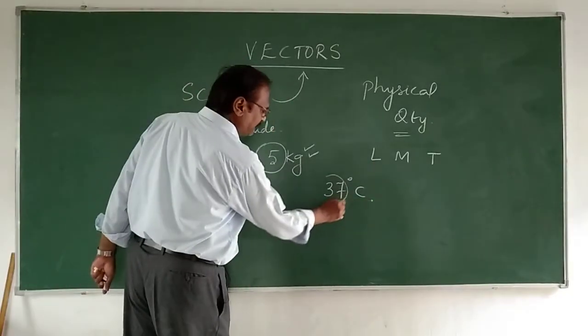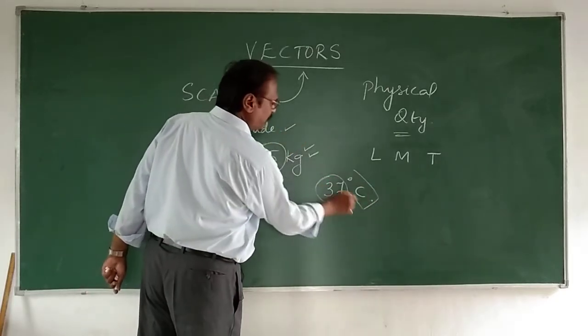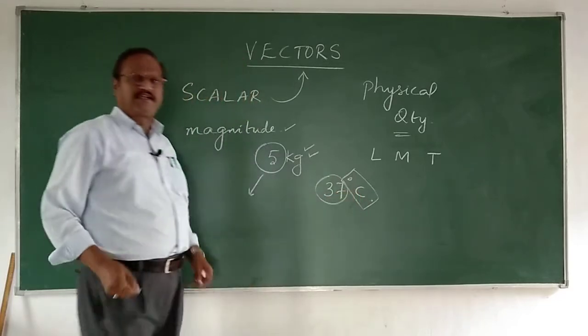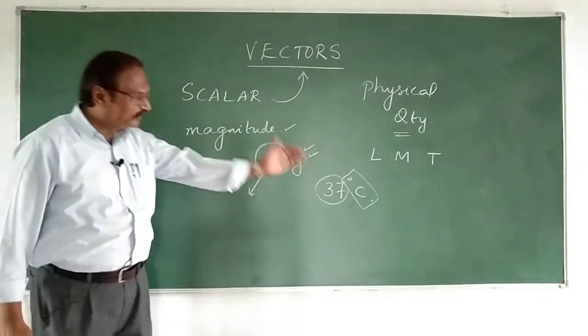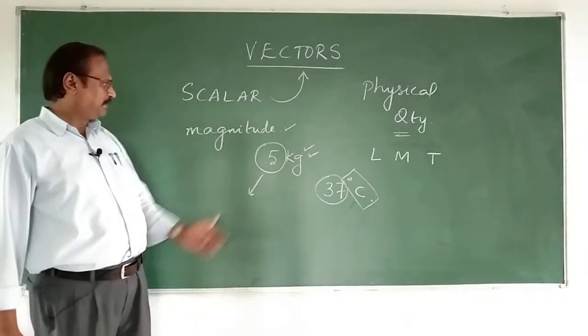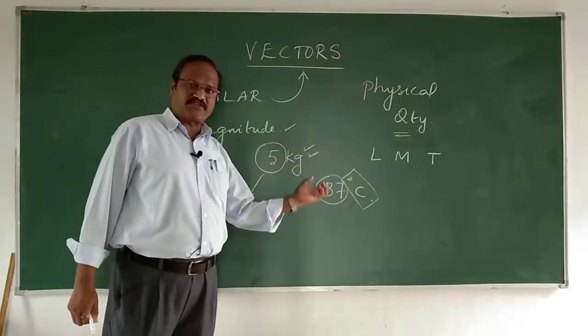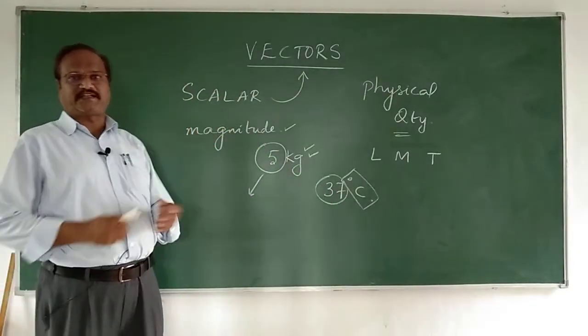Now, this 37 is the number, the magnitude, and degree Celsius is the unit. Many of the physical quantities have units, right? Some of them may not have also, that doesn't matter. But whenever you express a number, then that is called a scalar quantity.